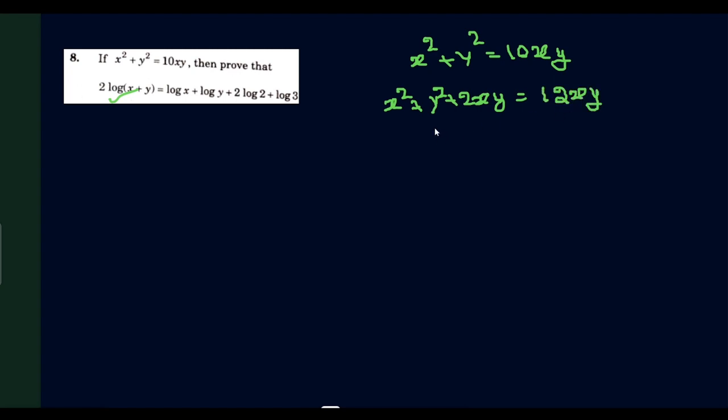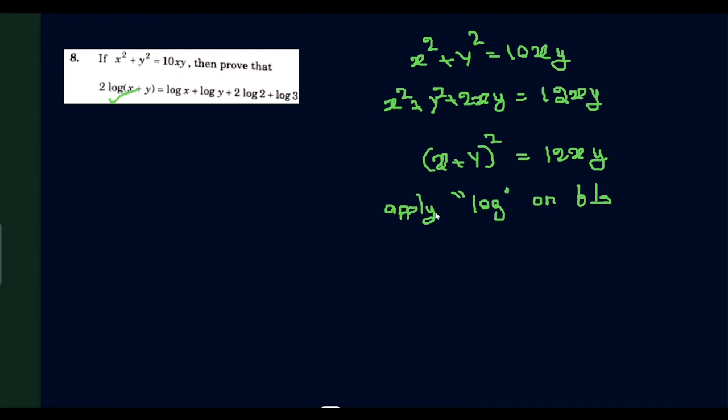Got it? Now I can write LHS as x plus y whole square, equal to 12xy. Now let's apply log on both sides and see whether we get the required answer or not.